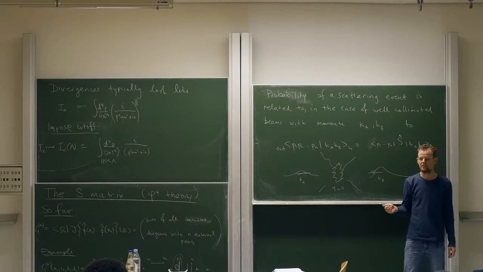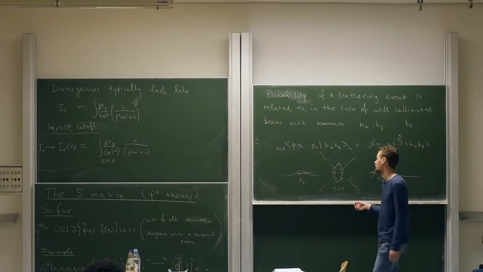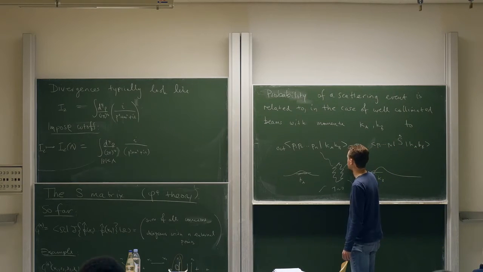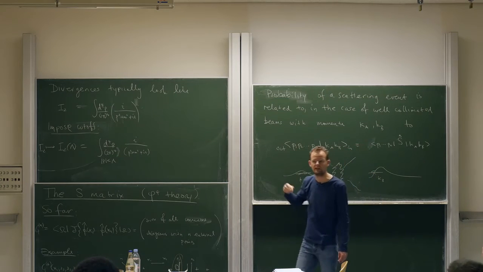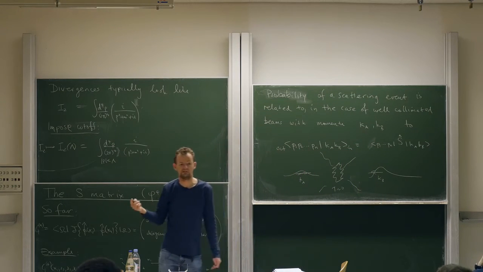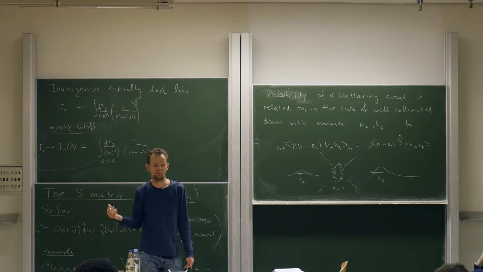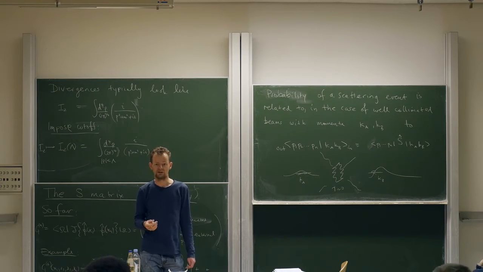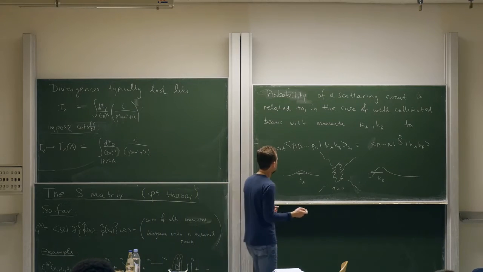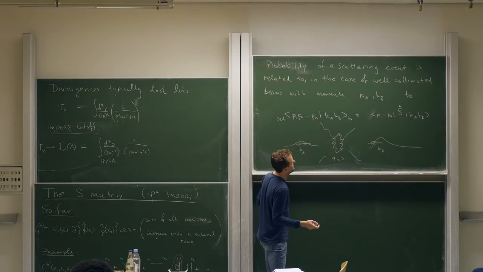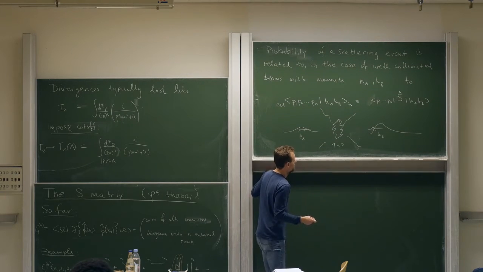At very late times, as t approaches infinity, these particles are assumed to be so well separated that again you can approximate the states of this system with the states of the non-interacting theory. That's the setup of scattering theory. We have two limits: t goes to minus infinity and t goes to infinity.